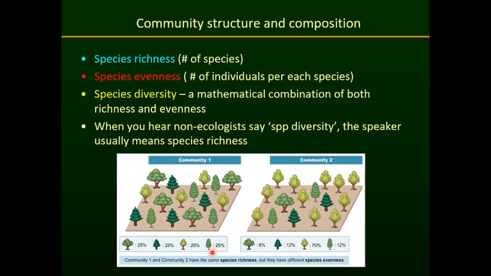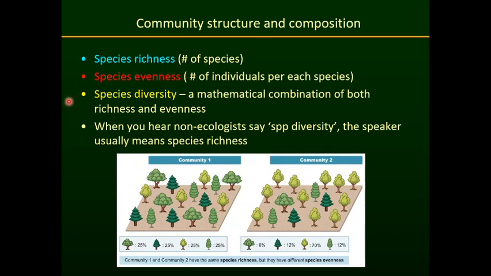Now, as you're in an ecology class and reading about these types of terms and the ways that we talk about communities, you're going to hear the term species diversity a lot. Species diversity is a mathematical combination of both richness and evenness.